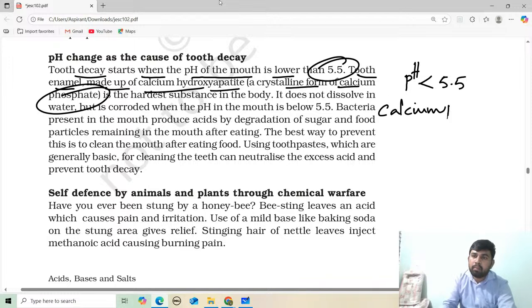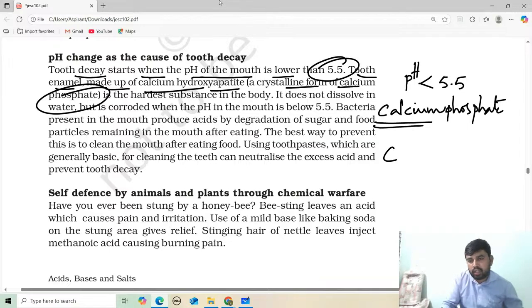Calcium phosphate. In the first video we discussed the chemical formula. You see here, calcium: the symbol is Ca, the charge is +2. Phosphate is PO4, and the charge on phosphate is -3.